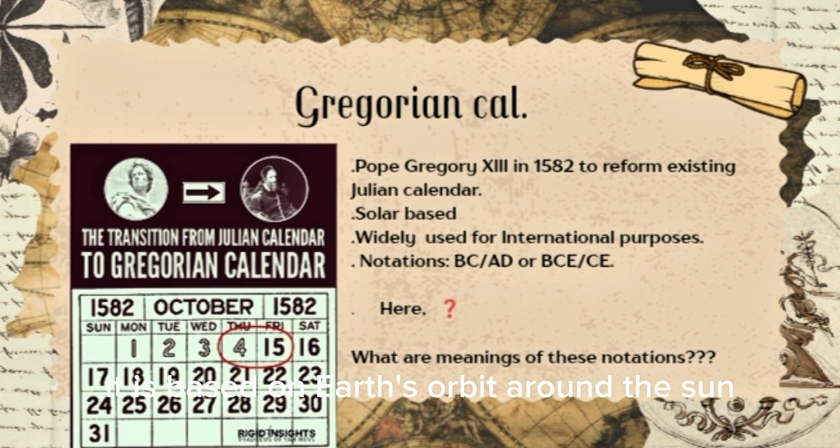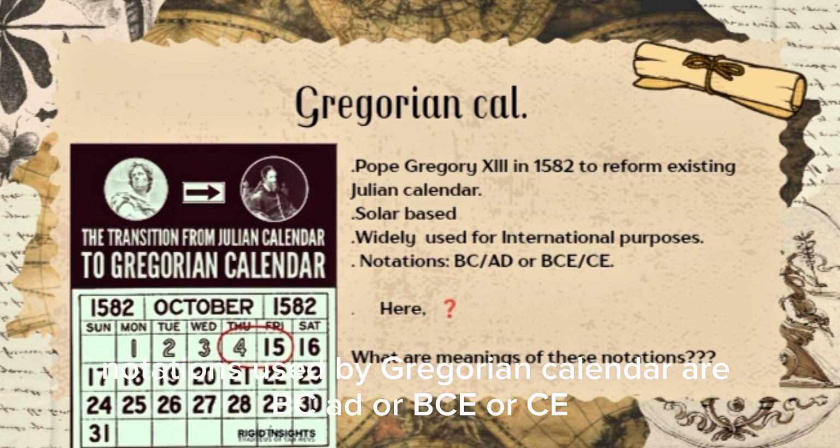It is based on Earth's orbit around the sun. It is widely used worldwide today for international purposes. Notations used by Gregorian calendar are BC, AD, or BCE, or CE.